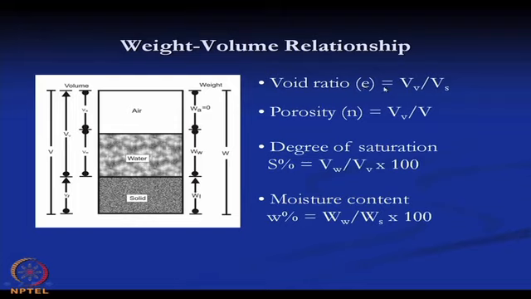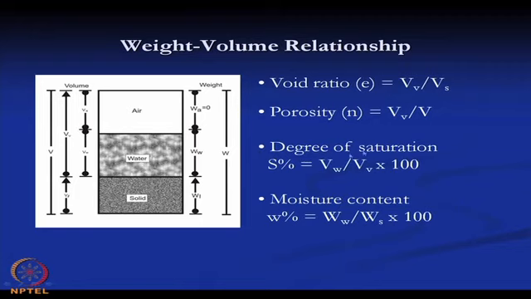So, e value can be greater than 1, but porosity, if we look at the definition of the porosity, that is volume of void divided by total volume. So, the volume of void cannot be greater than the total volume. So, the porosity cannot be greater than 1.